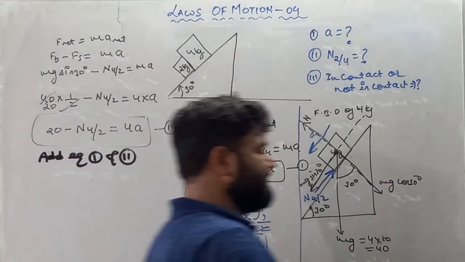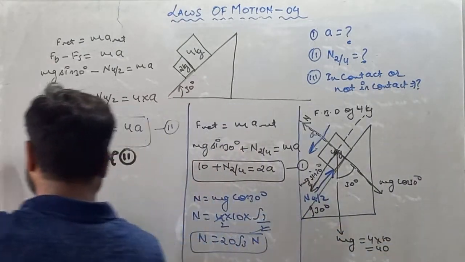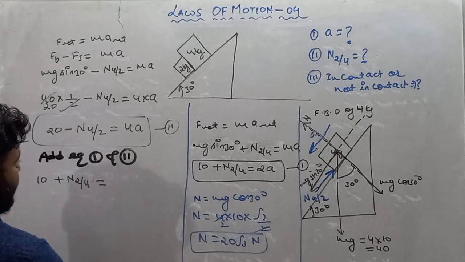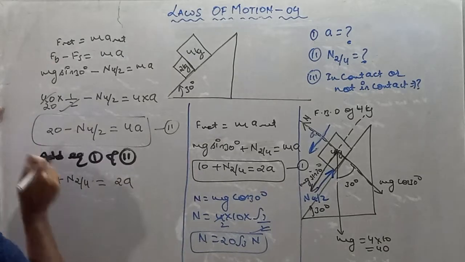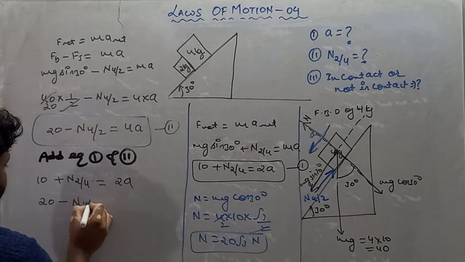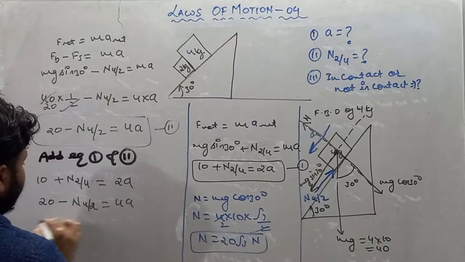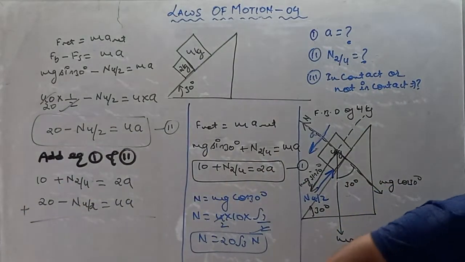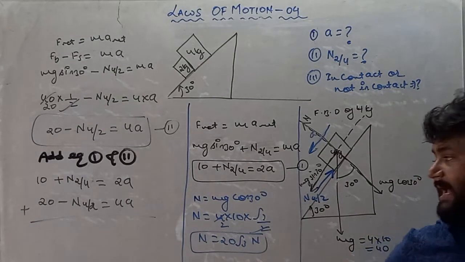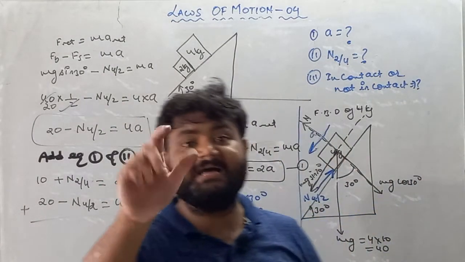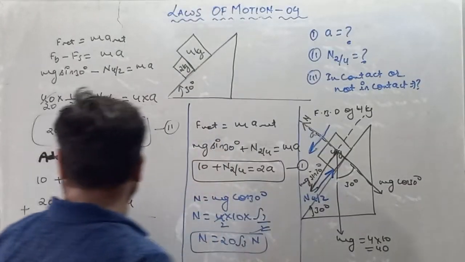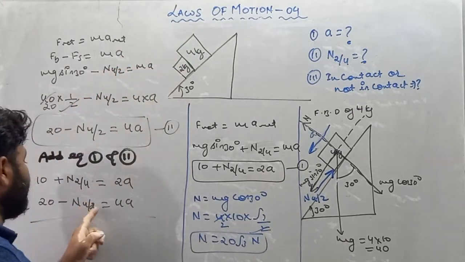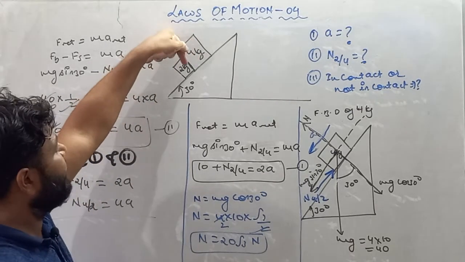What will we get, my dear student? We will get 10 plus normal on 2 due to 4 is equal to 2a, and 20 minus normal on 4 due to 2 is equal to 4a. Now we know that normal on 2 due to 4 and normal on 4 due to 2 are both equal, because 4 is applying force on 2 and 2 is applying force on 4.